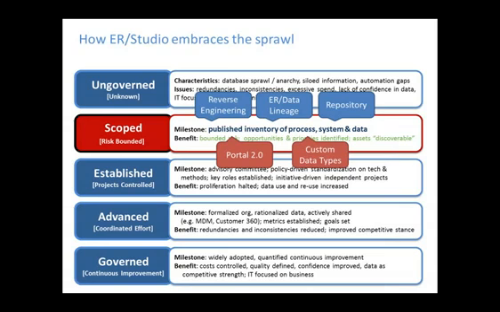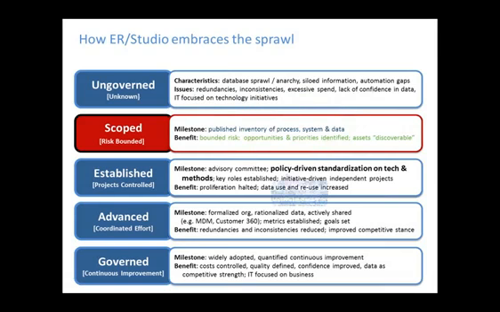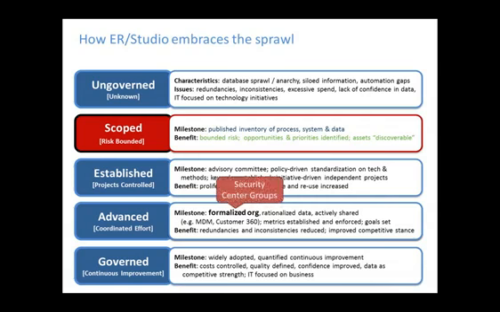We have custom data types to comprehensively do reverse engineering. In addition, we've got the data dictionary, the naming standard template, which allow you to do standardization on the technology and the methods. We have the ability for roles to be established in the security of the repository.